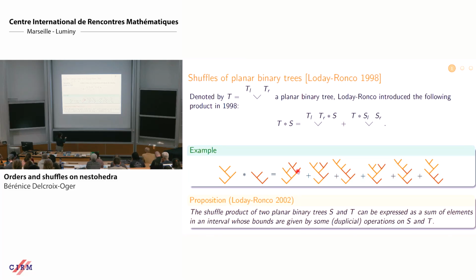So you just graft S on the top of the right branch of T, and the other one is this one. The other bound is obtained by grafting T at the end of the left branch of S.